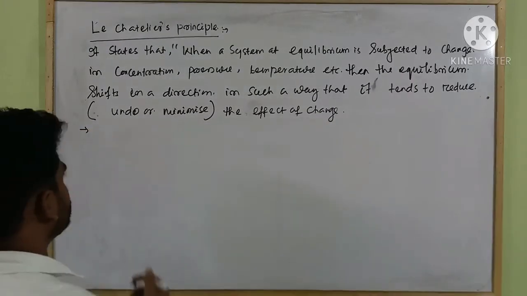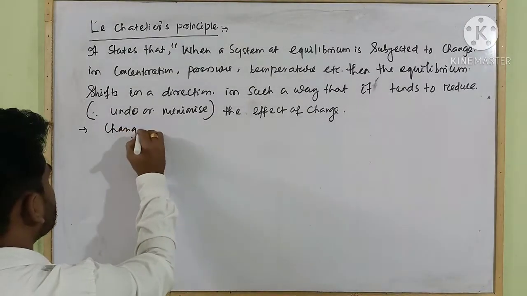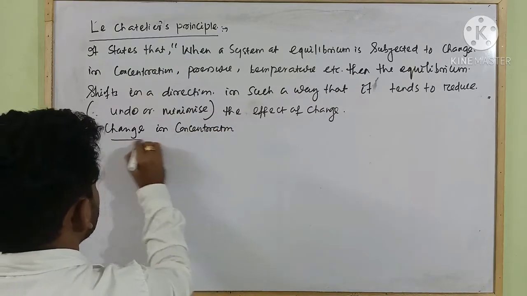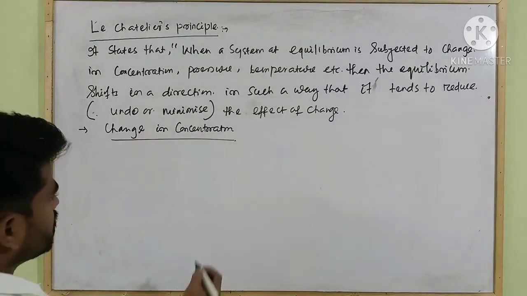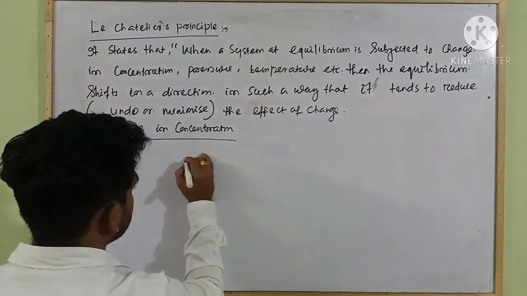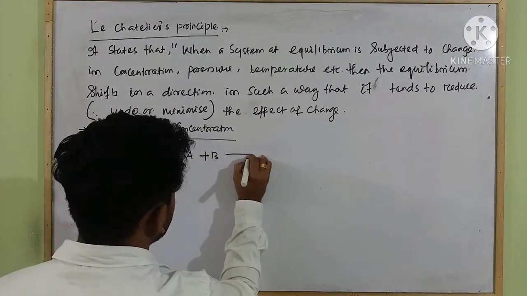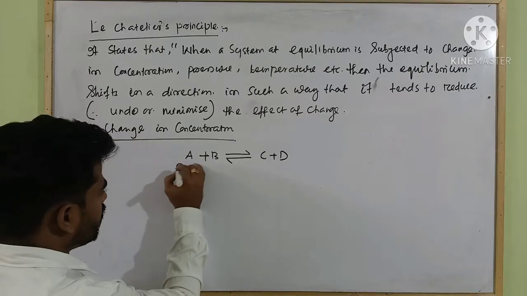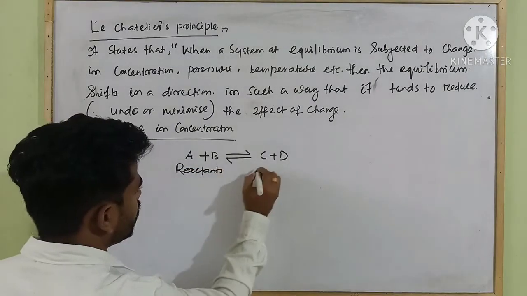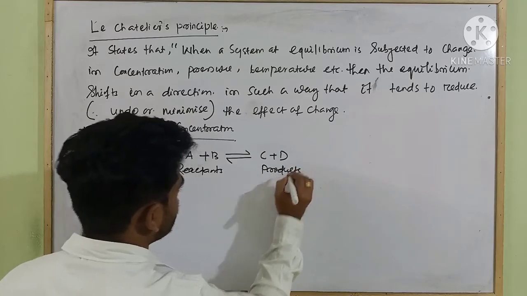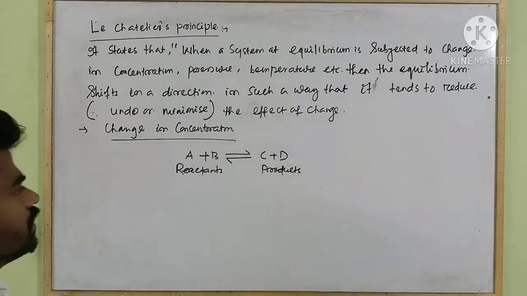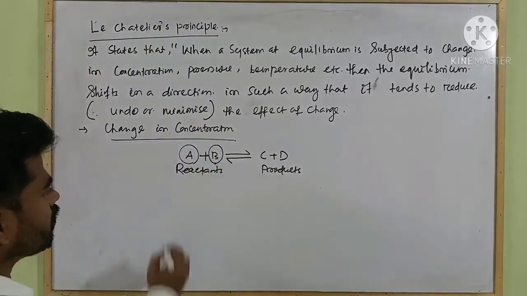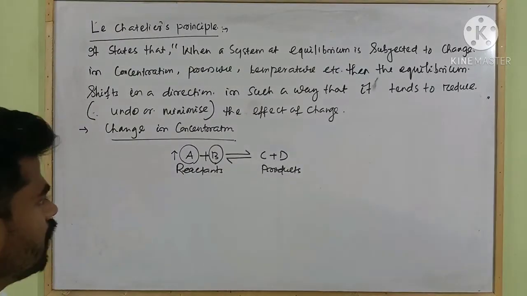How the equilibrium adjusts itself, you just see, that is change in concentration. Let us discuss. Change in concentration means, if a general equation I am writing over here, A plus B in equilibrium with C plus D. So these are reactants and these are products. So if you increase the concentration of any of the reactants, either A or B, if you increase the concentration of A only, then what happens?